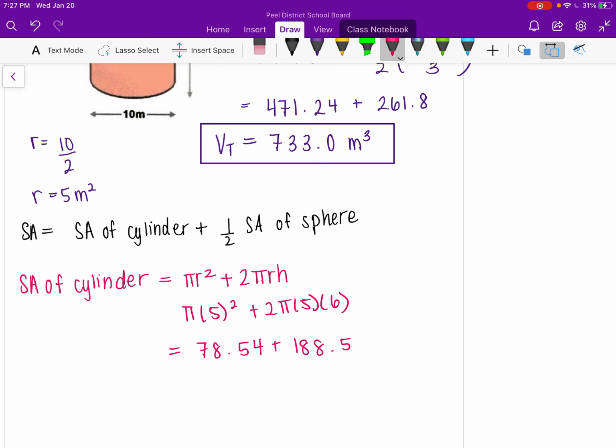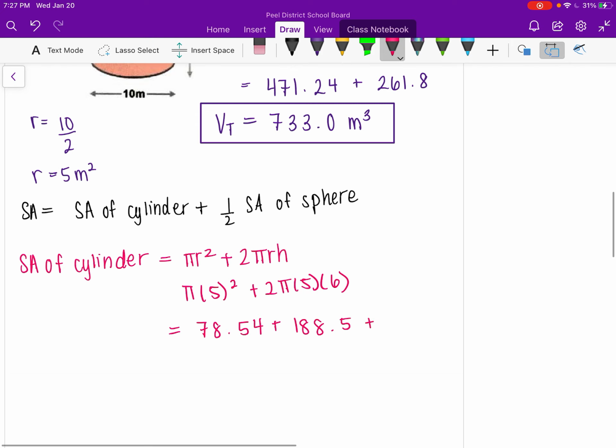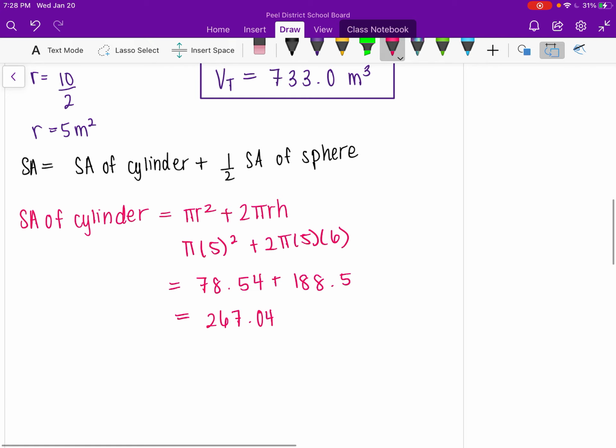We're going to leave that as 188.5. That's going to be the area of my cylinder, so I'm just going to add those two together: 78.54 plus 188.5 is going to give me 267.04.